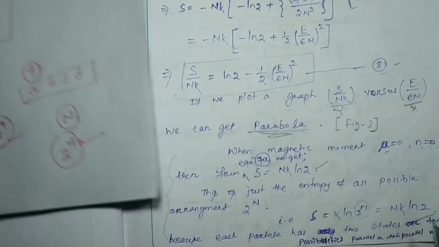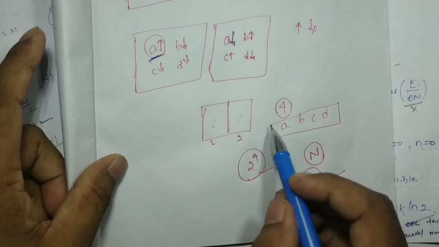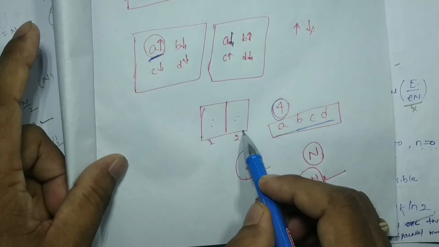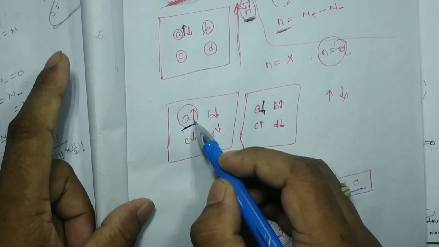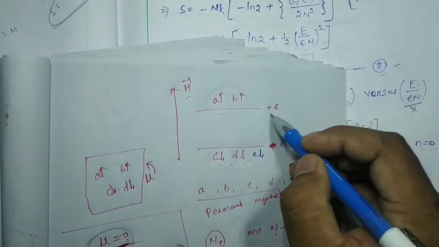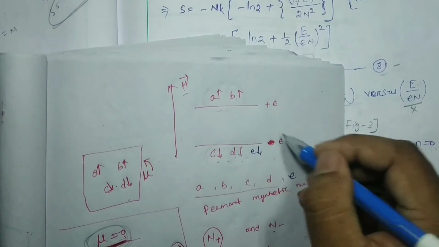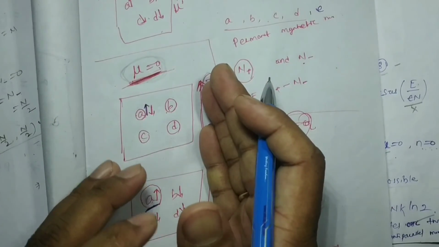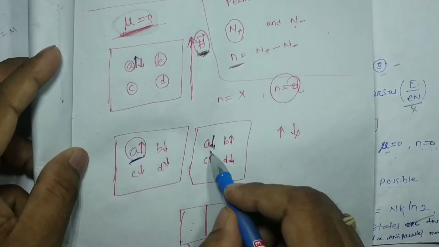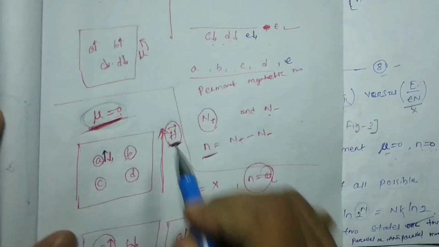Okay, it is very equivalent to 4 particles being arranged in 2 compartments. For particle A there are 2 possibilities. It can be moved to the plus epsilon energy state or the minus epsilon energy state, because whenever we apply a magnetic field, it may be parallel or anti-parallel with the applied magnetic field.